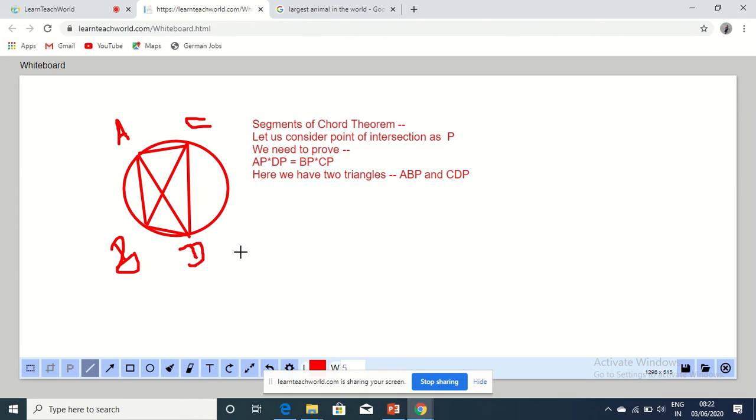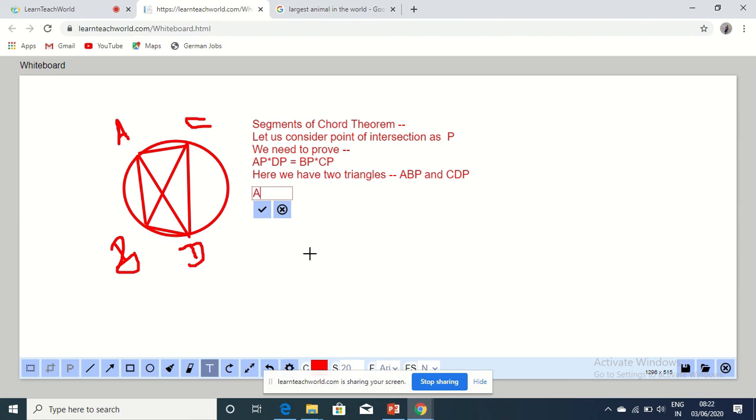Now basically what I am saying is I have done this construction BD and AC, and what we can do is that we can write that angle BAD and angle BCD, those two angles will be equal because they are subtended by a common chord.